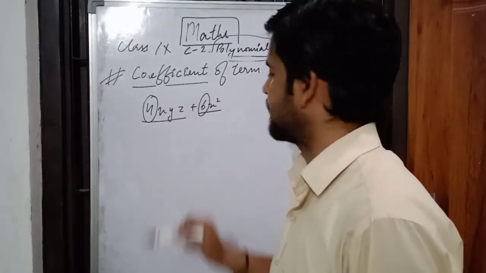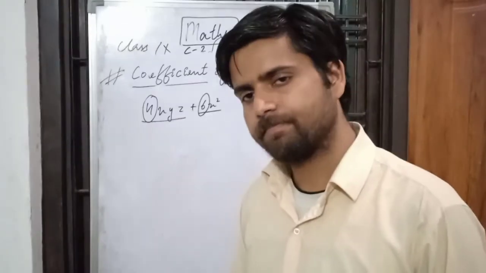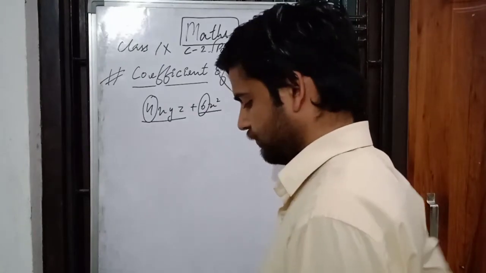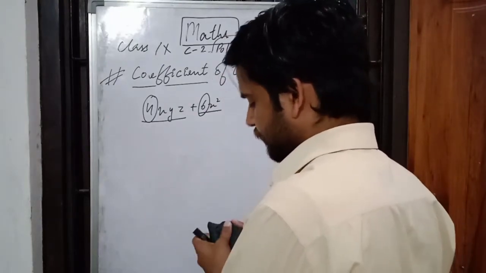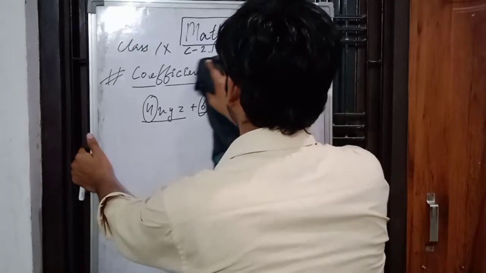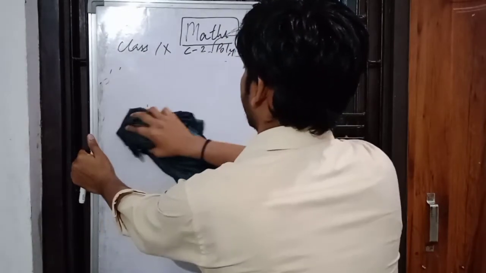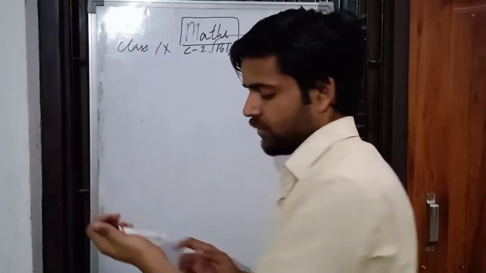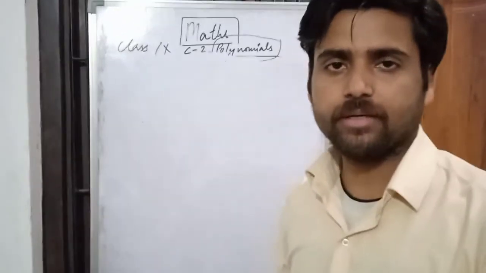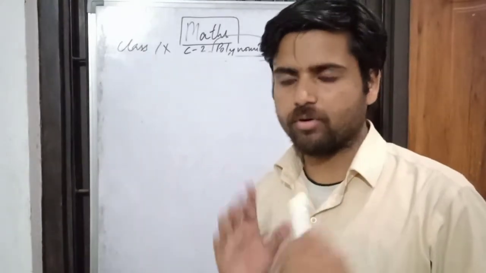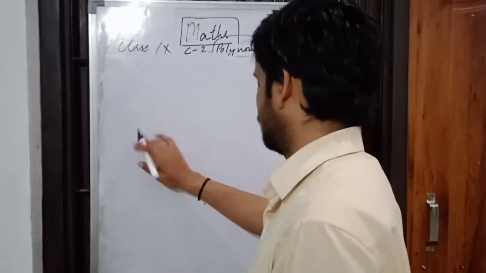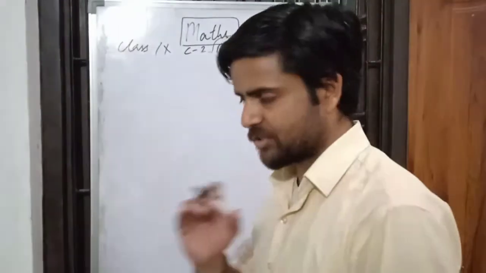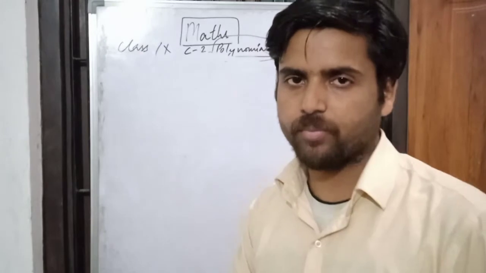You will directly say 6. We'll come back to this topic again in detail, but before that I have to tell you how to recognize that the given expression is a polynomial or not.